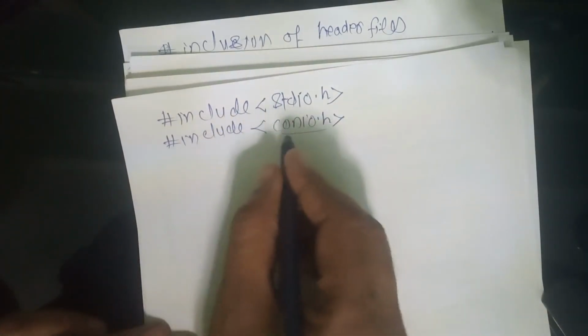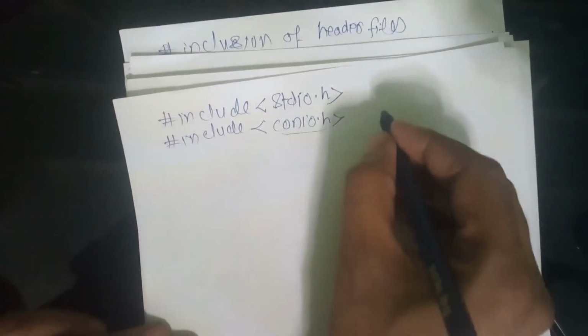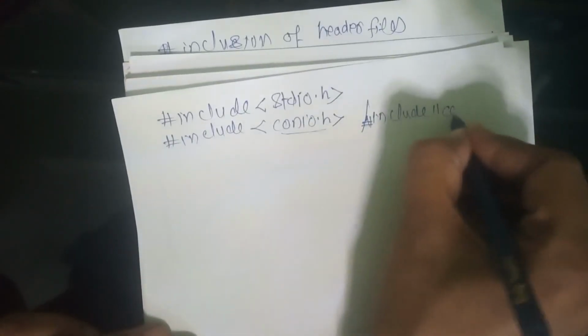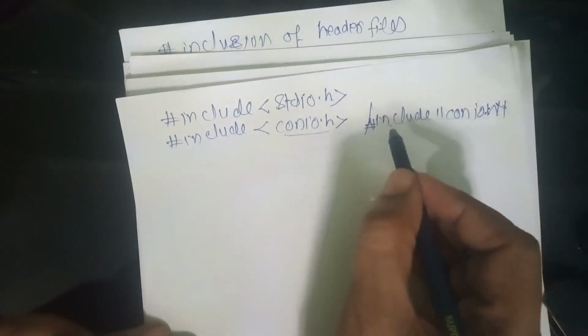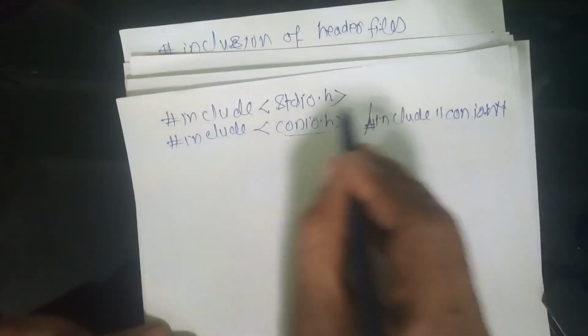So we can write this like this, or we can write conio.h with the help of double quotes. So there are two methods. You can use either double quotes or the less than, greater than symbols.